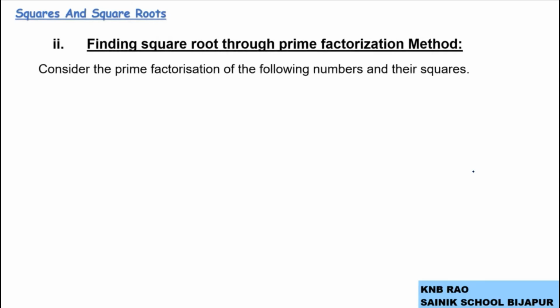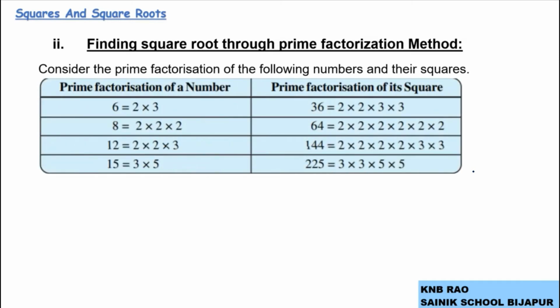Now in this method we will consider some numbers and their prime factorization, and along with that the squares of those numbers and their prime factorization. Now watch this table. In this table you could find prime factorization of numbers such as 6, 8, 12, 15. Their prime factorizations are given. Now in the other column you could find the prime factorization of these numbers' squares.